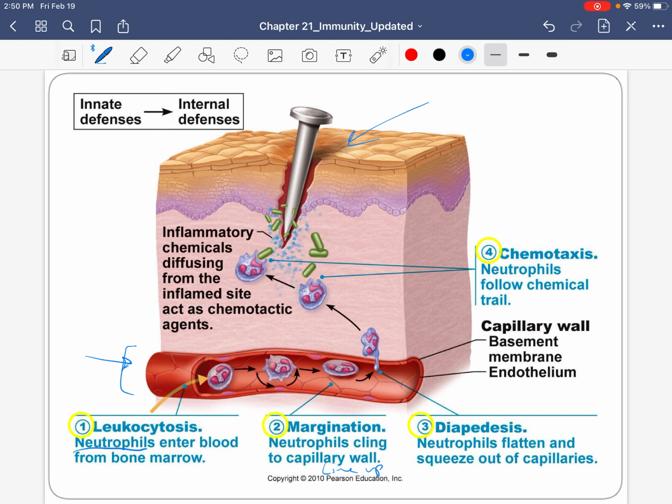They line up to prepare for moving. Then they squeeze through the capillary wall, and that process is called diapedesis. And these white blood cells are attracted to the injury site through this chemical attraction called chemotaxis.